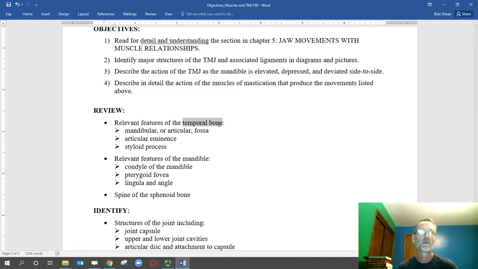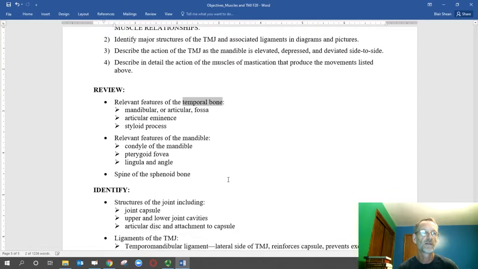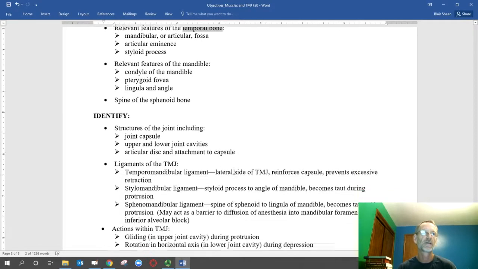Features of the temporal bone, which include the mandibular or articular fossa, the articular eminence, which is just anterior to the fossa, a little projection, and the styloid process, and then features of the mandible that you should be familiar with and be able to recognize quickly, the condyle of the mandible, the pterygoid fovea or fossa, the lingula, and the angle. Those will be discussed briefly, and then the spine of the sphenoid. Should be able to find that.